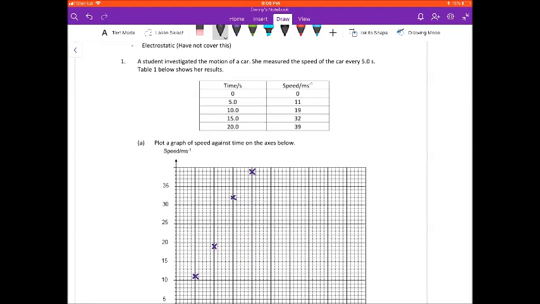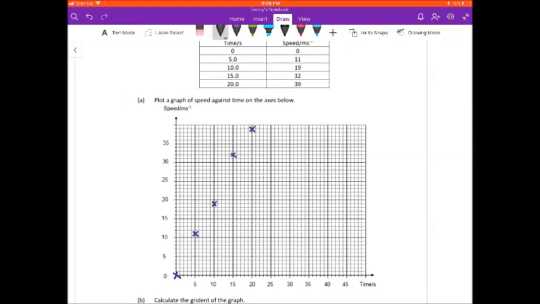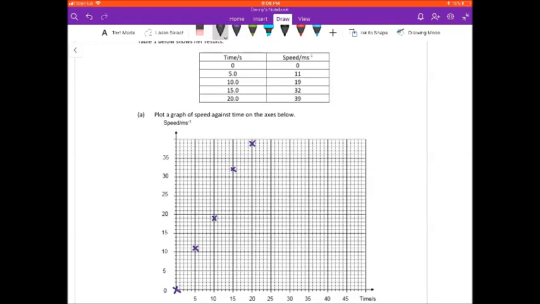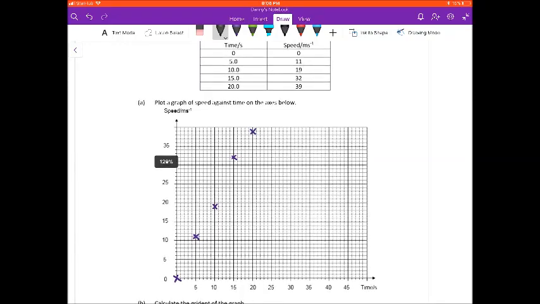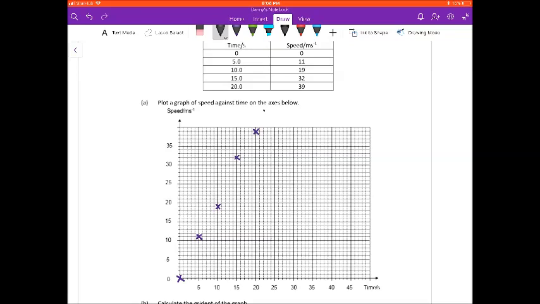Okay, so for the first question, most of you have no issue plotting the points, but when we are dealing with best fit line, what you need to do is you need to draw the line in between the points, not on the points. So for example, when I do this, okay, you can see that I didn't draw my line on the point.